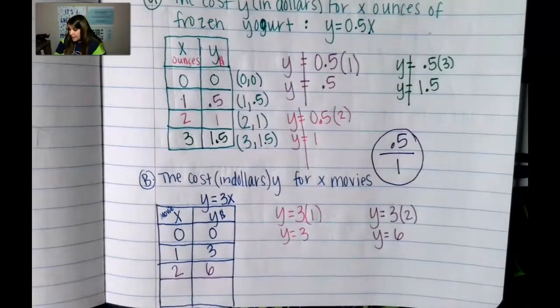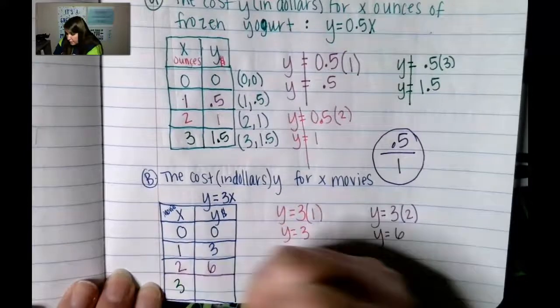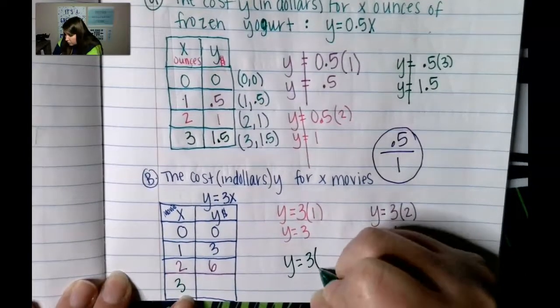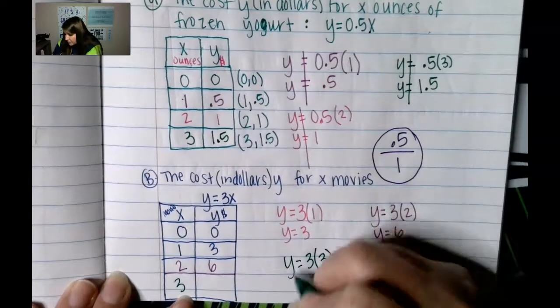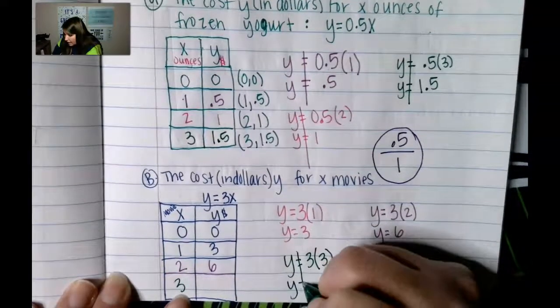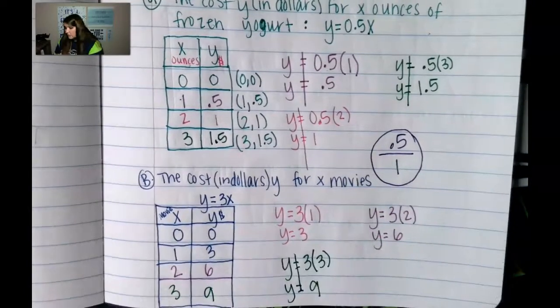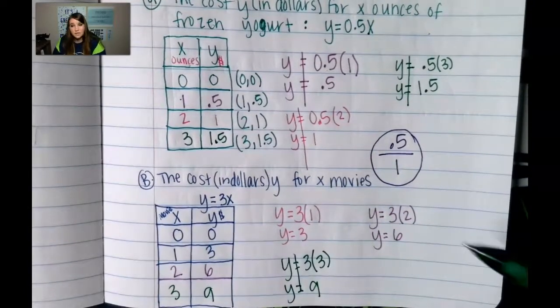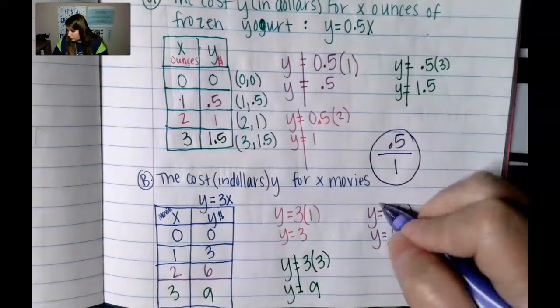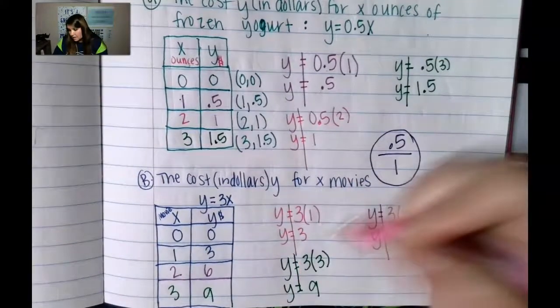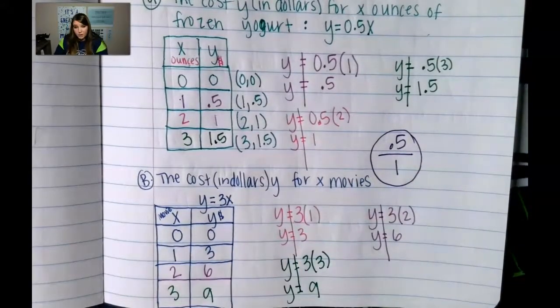All right, and then the last one, let's see how much I pay for 3 movies. So Y equals $3 per movie, and I'm buying 3 of them. So Y equals $9. So these are my proportions here.